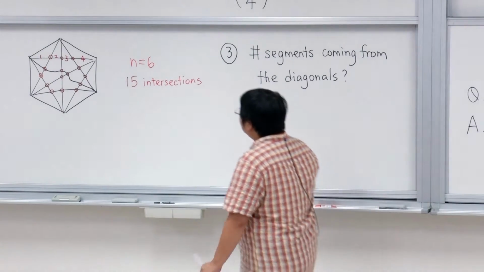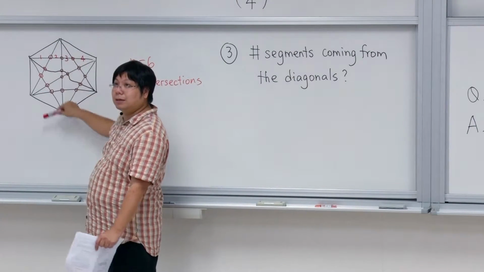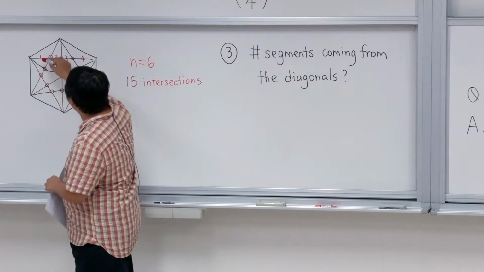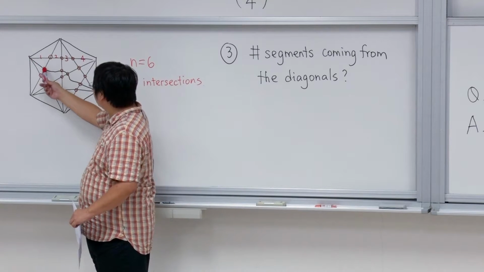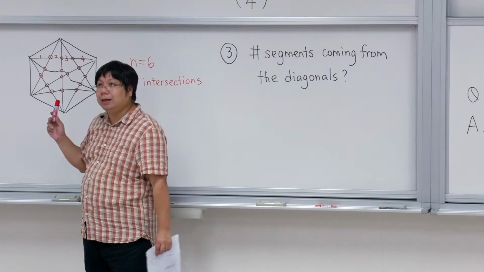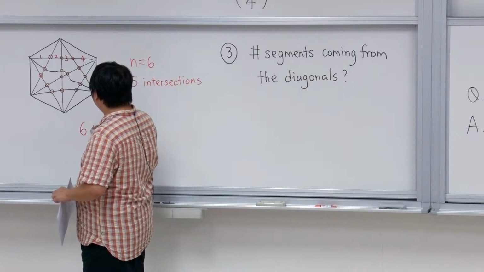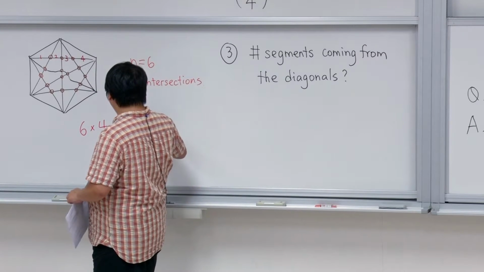But look at this. This is not the same. There are altogether 9 diagonals here, but some you get more segments. This one you get 1, 2, 3, 4, right? Let's look at this one: 1, 2, 3, 4, 5. Actually, 6 of them you get 4, and 3 of them you get 5.